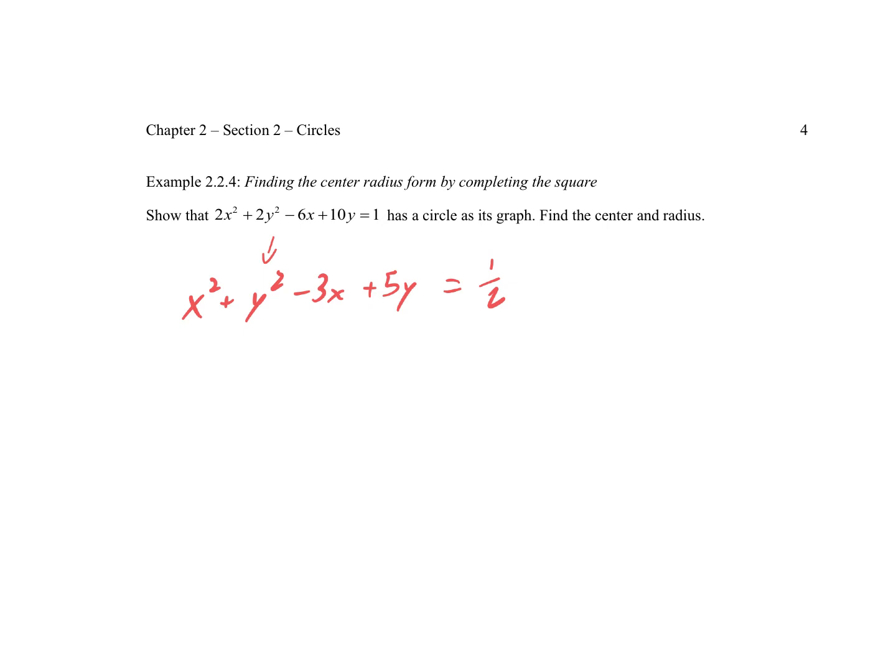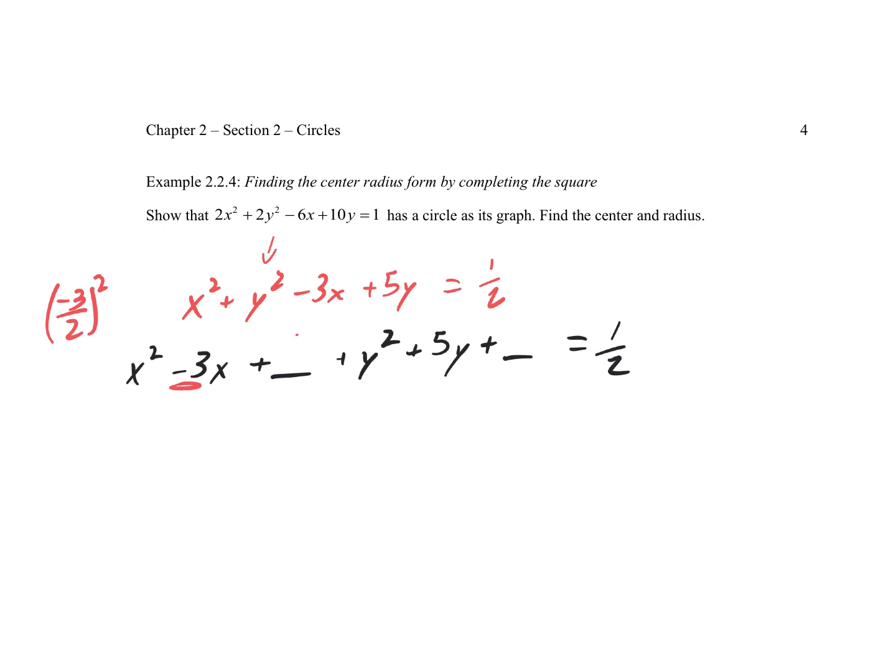And now we're ready to do the same process. So again, I'm just going to bundle my x terms together, x squared minus 3x plus a blank, and plus y squared plus 5y plus blank equals 1/2. And now filling in the blanks, again, we're going to take these singular terms, negative 3, divide them by 2, and square them.